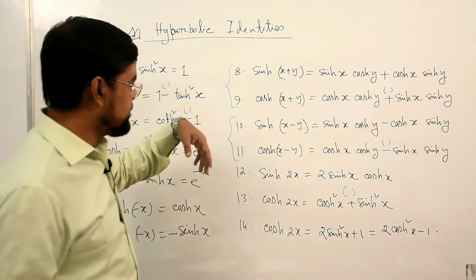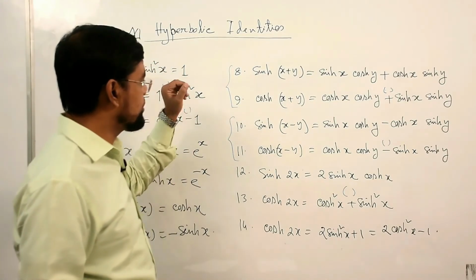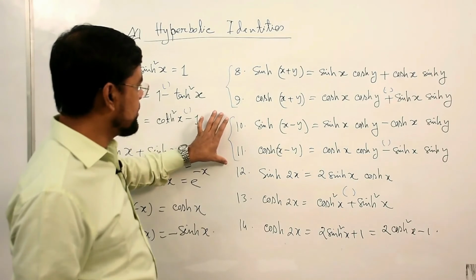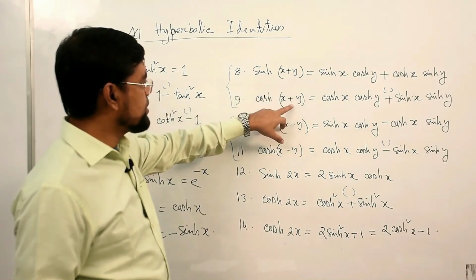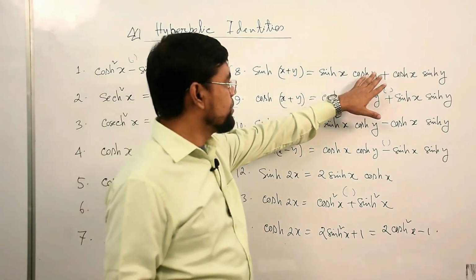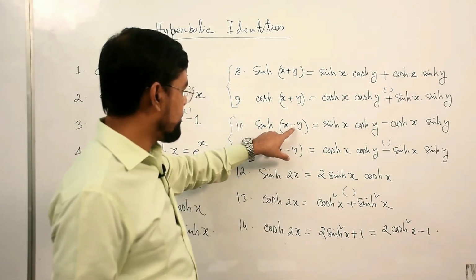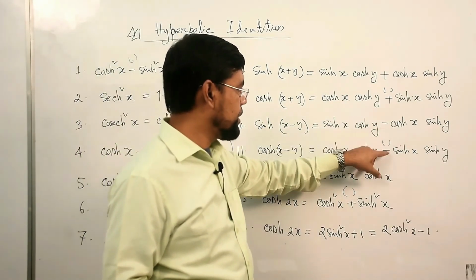And there are other trigonometric-like formulas for the hyperbolic case, numbers 8, 9, 10, 11. You see when the sign is plus, both of them will be plus. When the sign is minus, x minus y, then both of them will be negative.